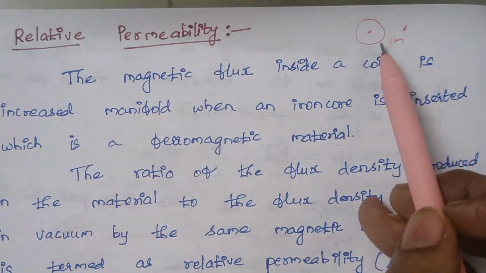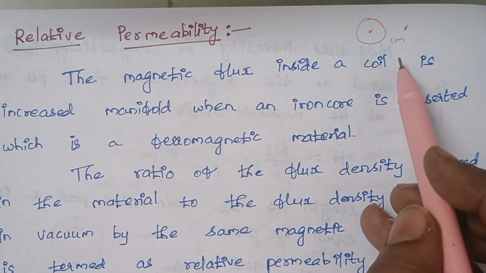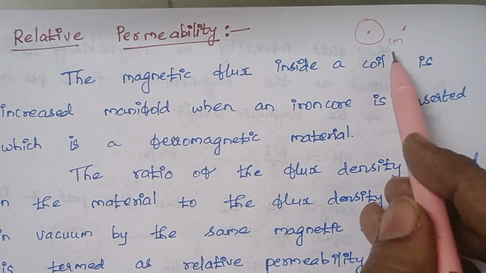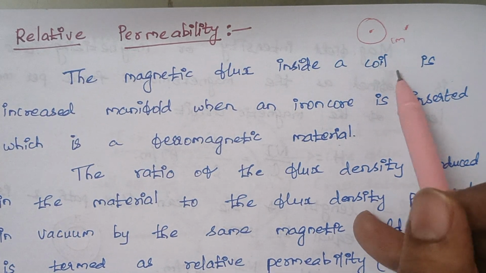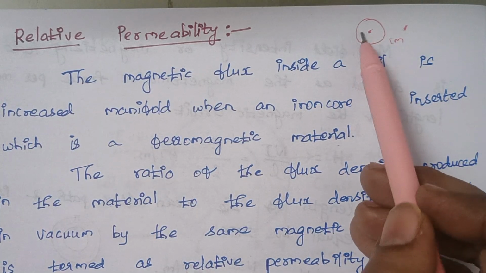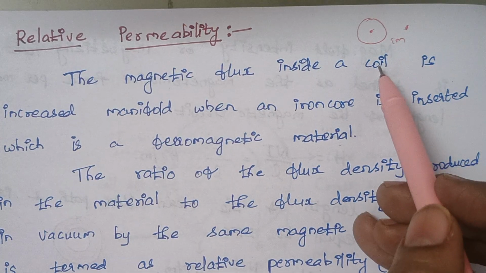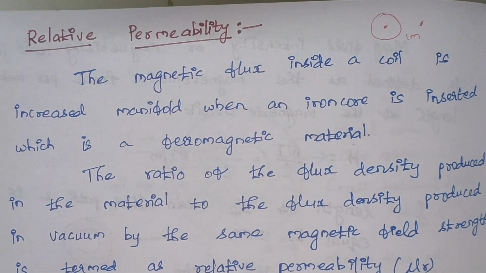The magnetic flux produced gets increased when an iron core is inserted. If you place an iron core in this setup, automatically the flux produced gets increased.